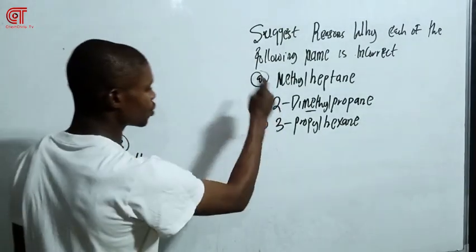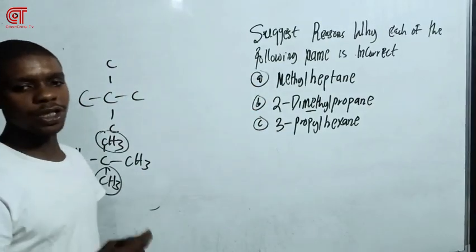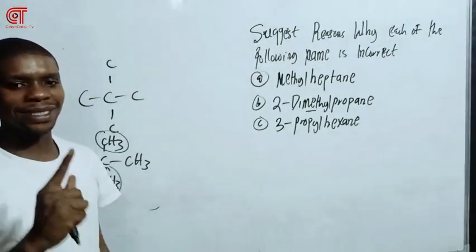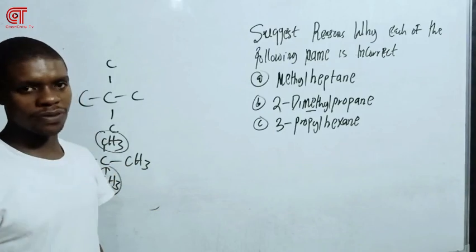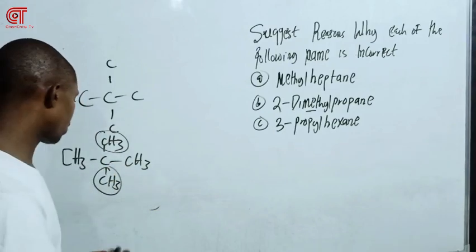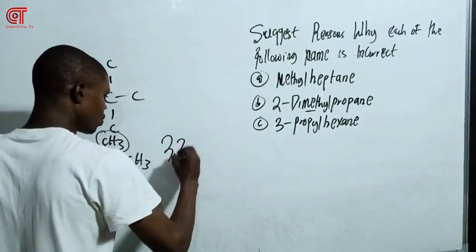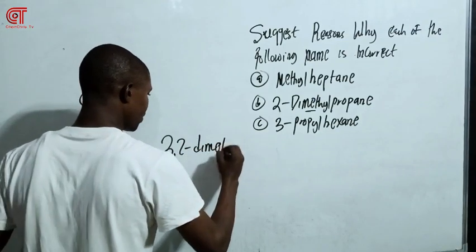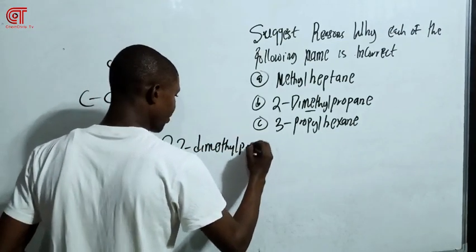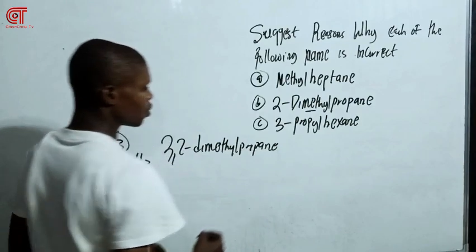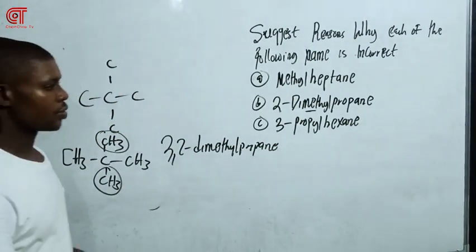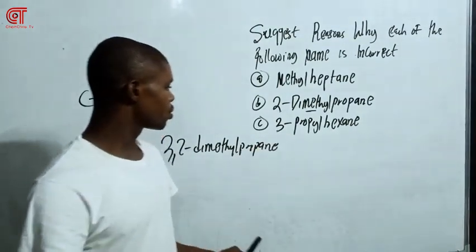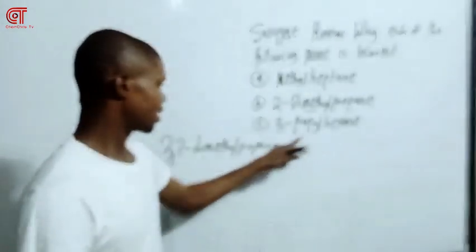So that's why it's not correct. The reason why it's not correct is because the position of only one of the methyl is included, not 2 of them. You understand? So it's supposed to be 2,2-dimethylpropane. Hope you understand.